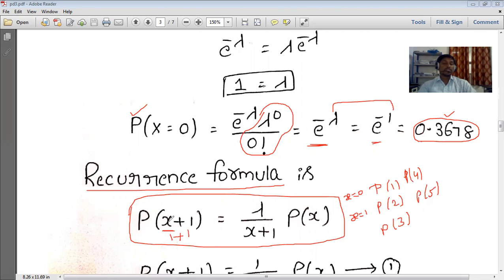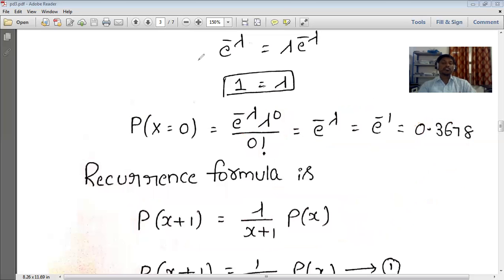And for the next, we have to substitute x is equal to 2, then x is equal to 3 and x is equal to 4. Okay. So by substituting these values and by using lambda, we can get p of 1, p of 2, p of 3, p of 4 and p of 5.